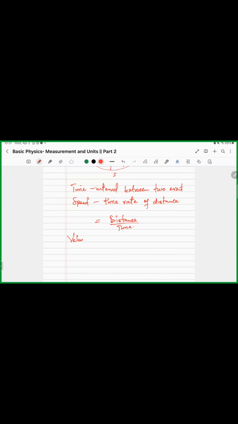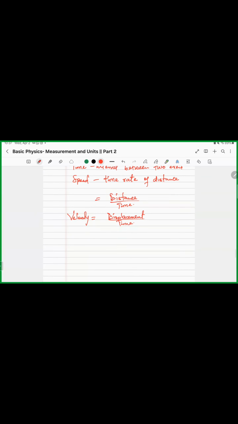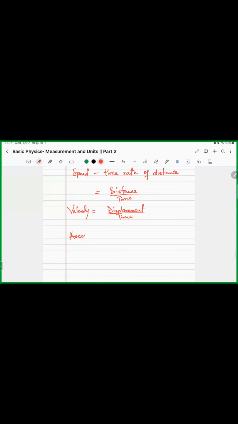On the other hand, velocity is displacement over time. Acceleration is change of velocity with respect to time.